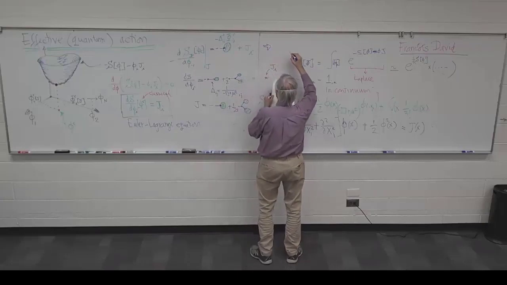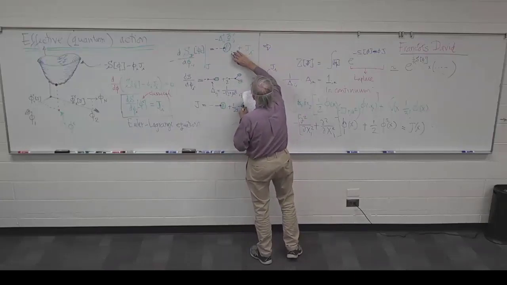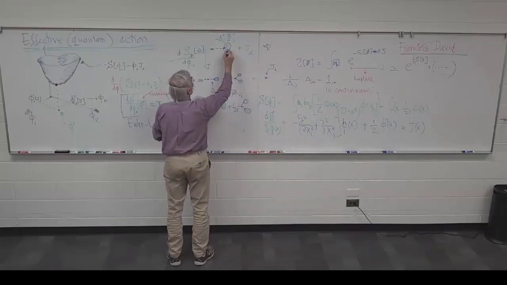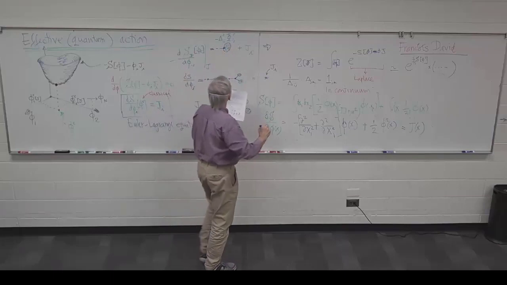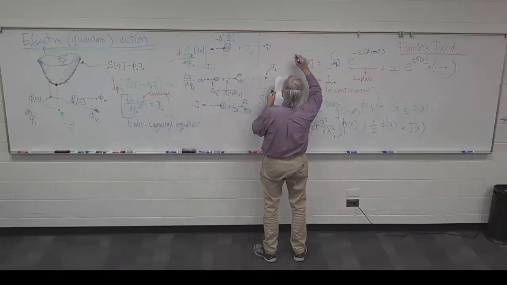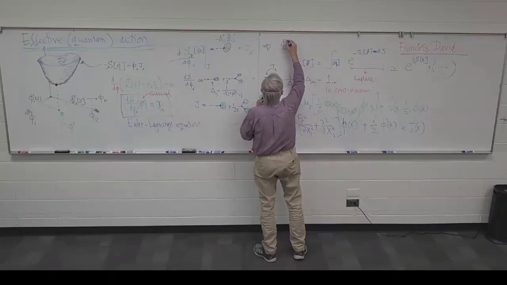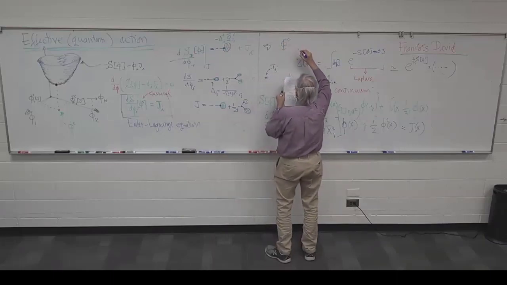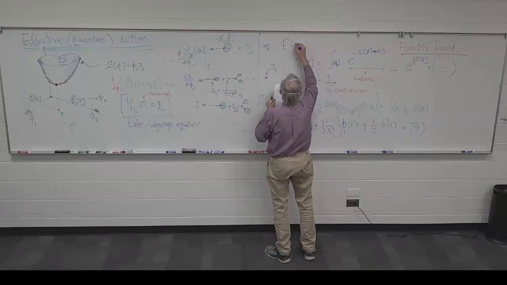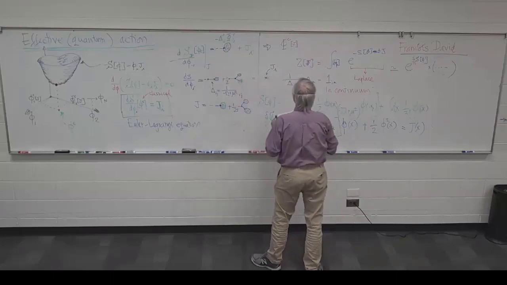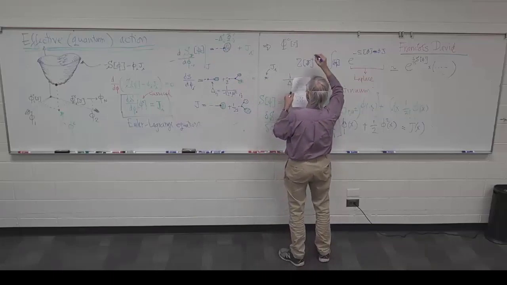That says that if I call this thing, put some kind of C here for classical, it's a function of my background source field.